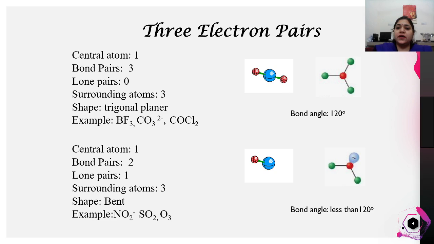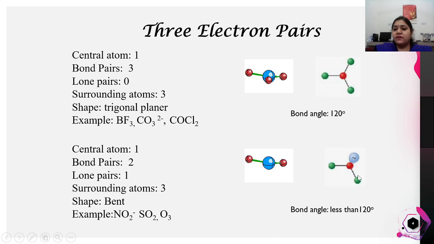So here it gives a geometry like this, a trigonal planar structure, with a bond angle of 120. When two bond pairs and one lone pair are present, in that case any one of these three will be removed and replaced with a lone pair, as you can see in this case.